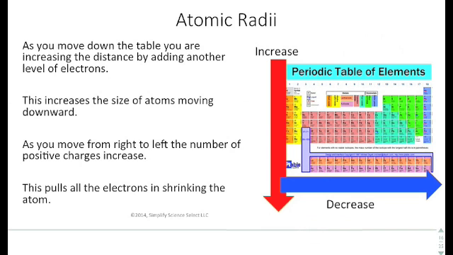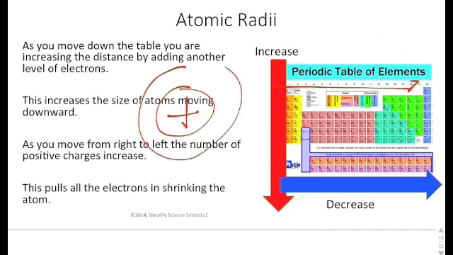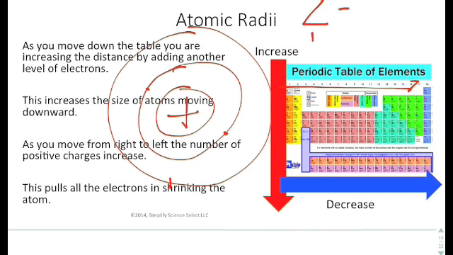Now, as you move from left to right across the periodic table, you actually see a decrease in the atomic radii. And the reason for that is this. Let's say we look at lithium. Lithium has two electrons right here, and another electron right there. As you move across the periodic table, you're increasing this Z term, the atomic number.